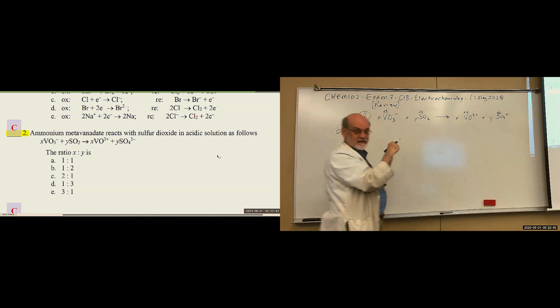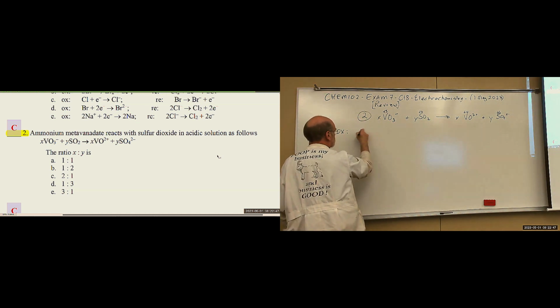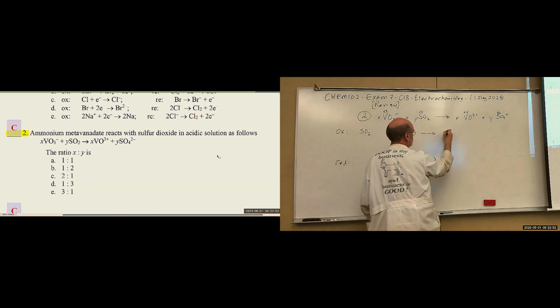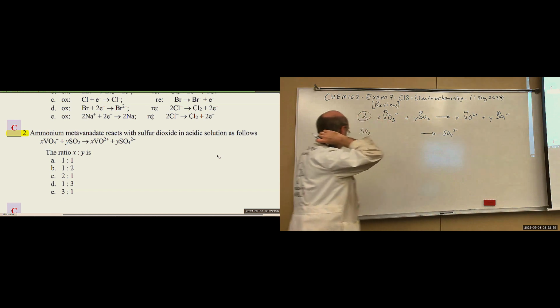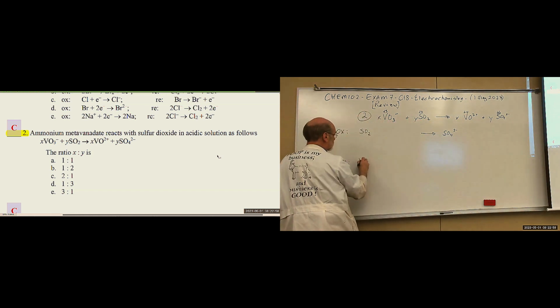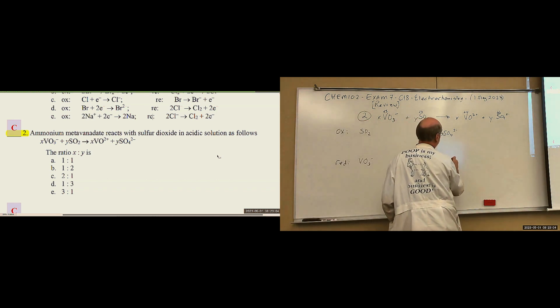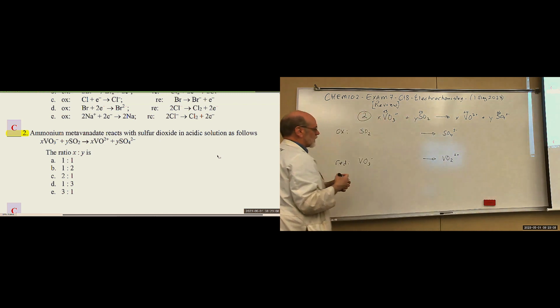Yeah. We had to lose 2 to get from there. So the oxidation step has sulfur dioxide yielding sulfate ion. Okay. That means the vanadium has to be the reduction step. Okay. So what's the next step?